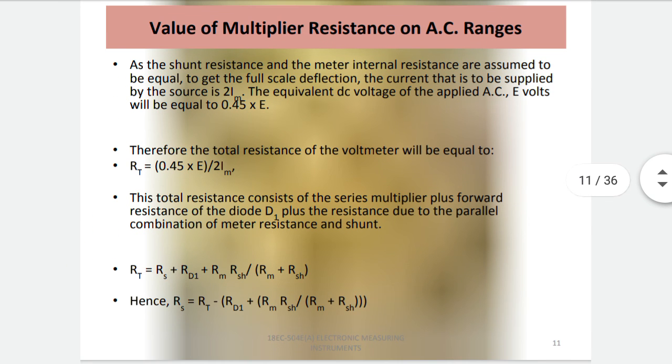This total resistance consists of the series multiplier plus the forward resistance of the diode D1 plus the resistance due to the parallel combination of the meter resistance and shunt.